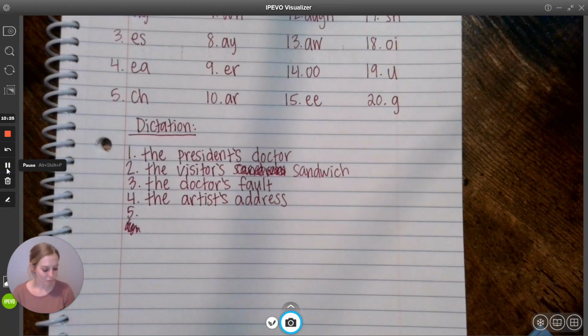And last one, a waiter, a waitress, and a visitor.